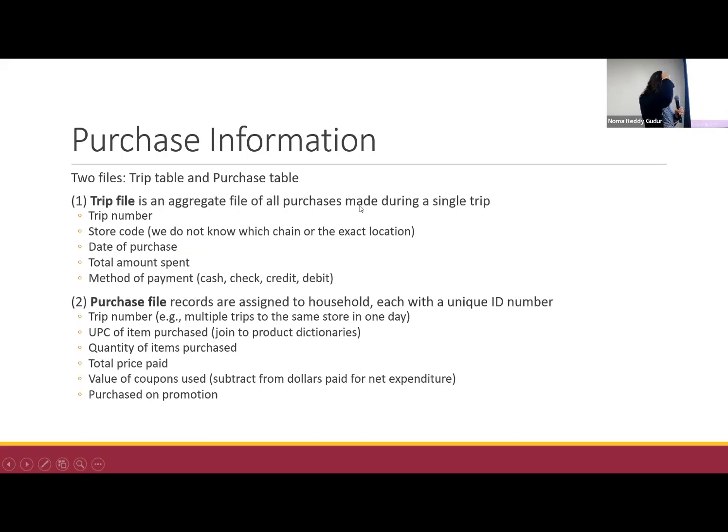The purchase information, specifically, we've got two files, the trip table and the purchase table. The trip file is an aggregate file of all purchases made during a single trip, and it's delineated by a trip number, a store code, the date of purchase, the total amount spent, and we also have information on the method of payment. So we know if they've used cash, check, credit, debit, and we actually know which credit card company they use too.